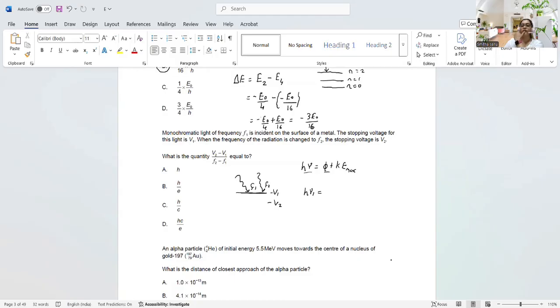The maximum kinetic energy would be proportional to the stopping voltage.